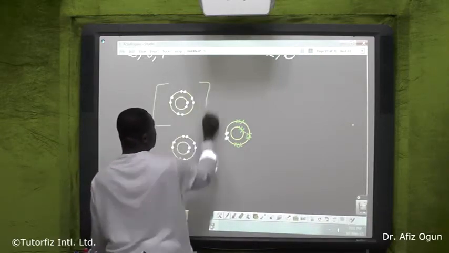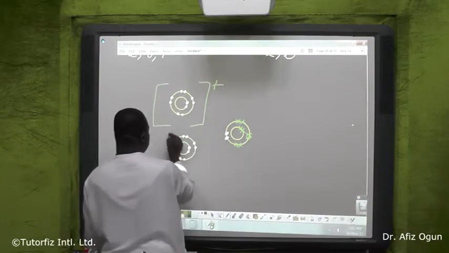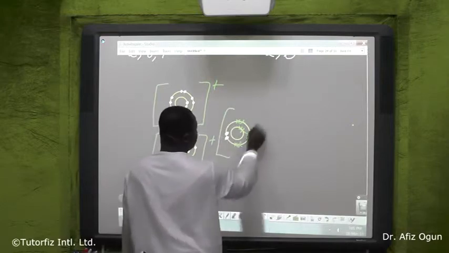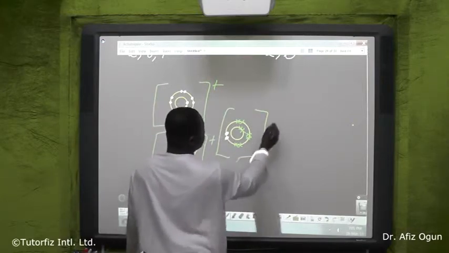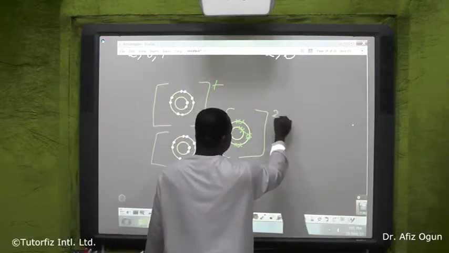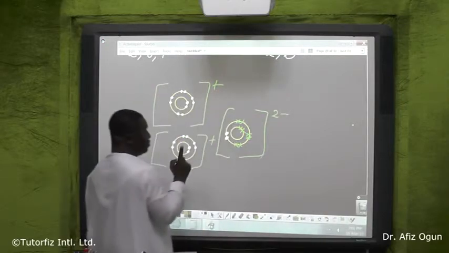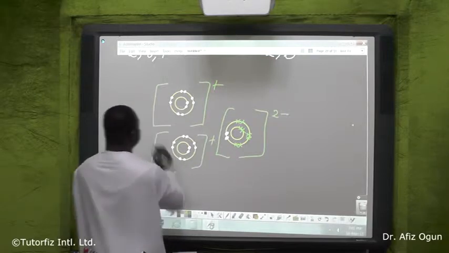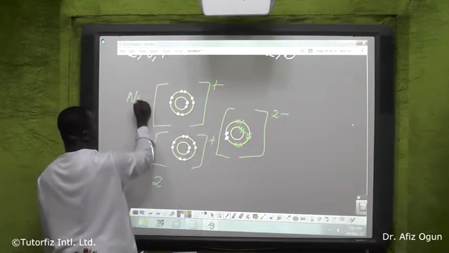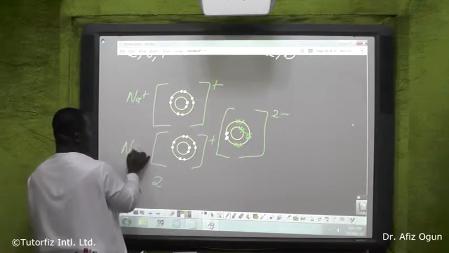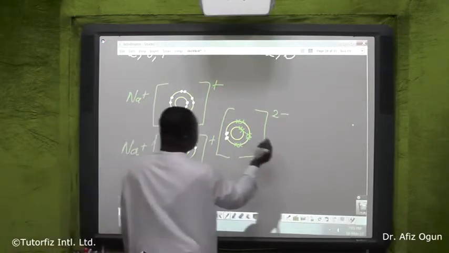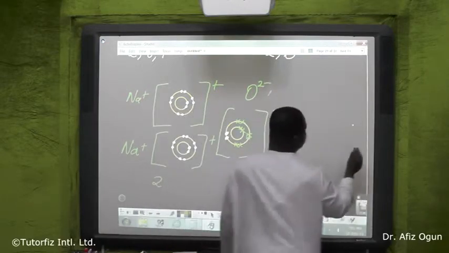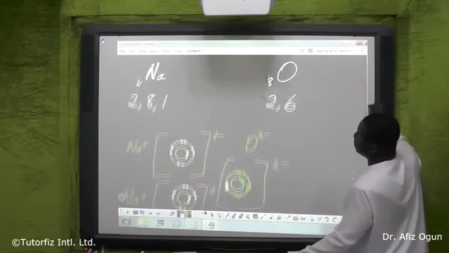Sodium ion as usual, 1 plus, another sodium ion, 1 plus, and this is attracted to them, the oxide ion, 2 minus, because this one gained 2, so go to 2 minus. We now have Na plus, Na plus, and this is O2 minus.